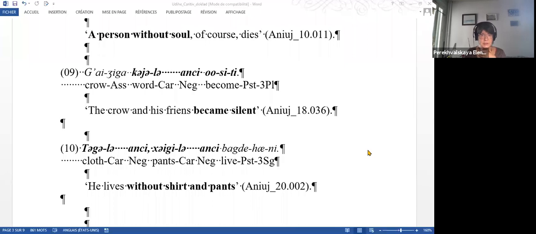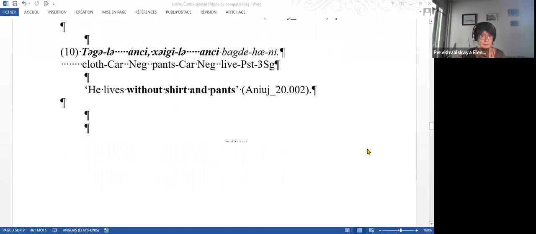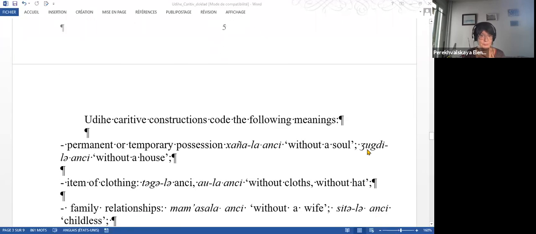Tegalanchi, Hagilanchi, Bagdeni. He lived without shirt and without pants. All three cases are inalienable possession because word as well as items of clothing are definitely on that side.